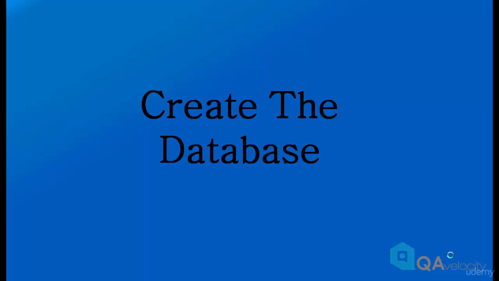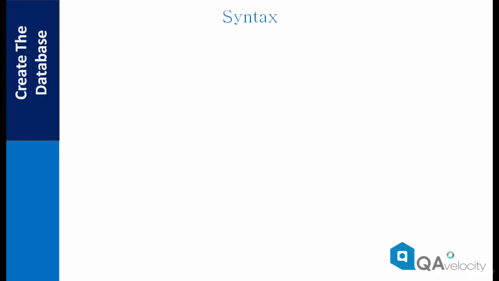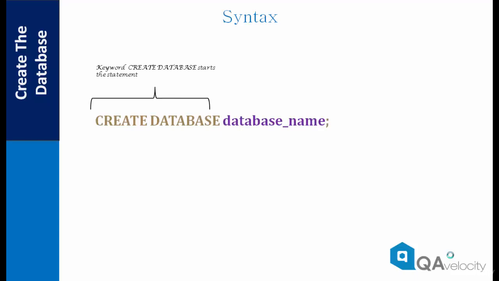The first thing we need is a database that holds all our tables. For that, we need to open our database editor and execute the create database statement. The keyword we use is create database with the name of the database.